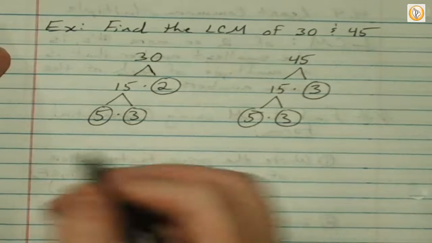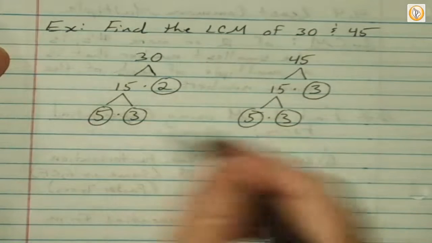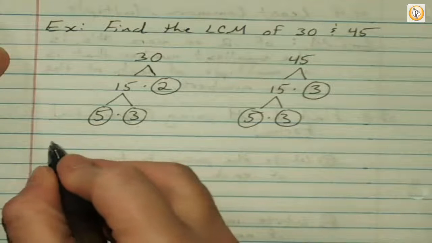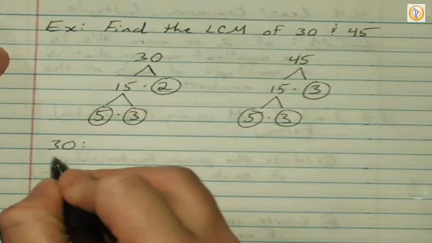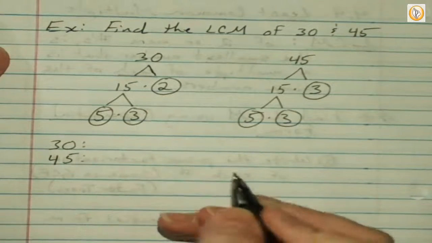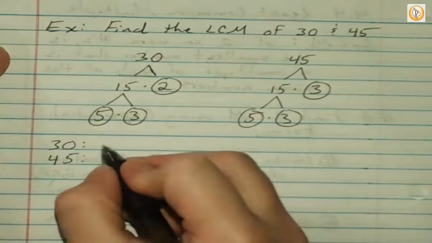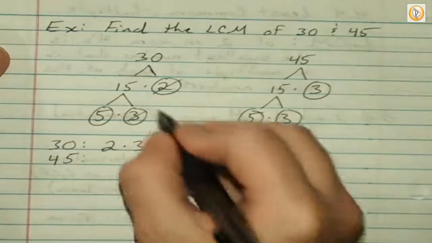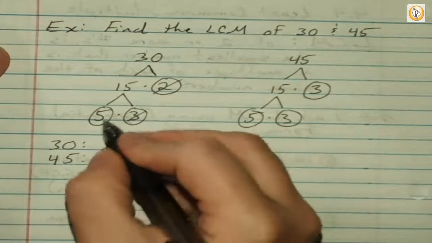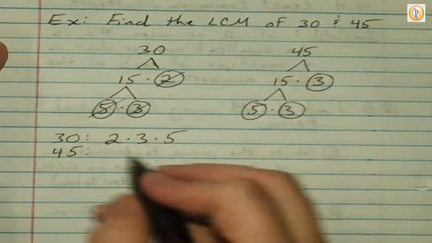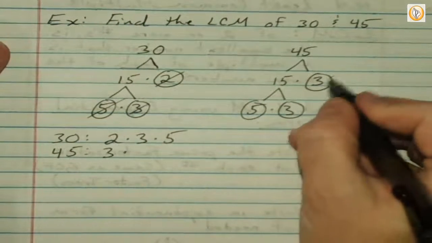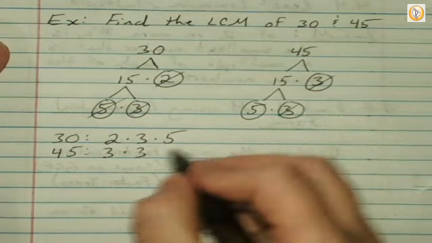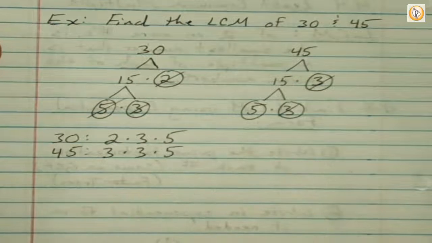Okay, so here we go. So step 1 is to do the factor tree and write out our prime factors in order from least to greatest, just like we did with prime factorization and GCF. Make sure you cross out your prime factors after you've used them.